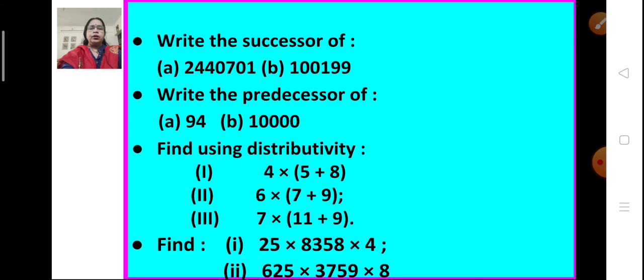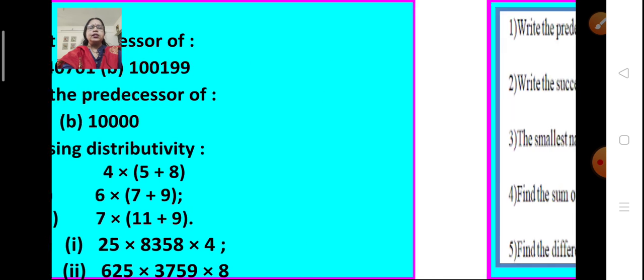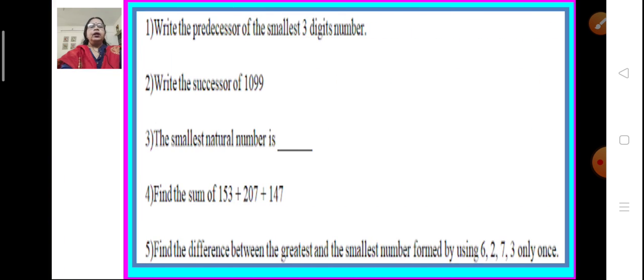Arrange them suitably and find the answer. Next question, 625 multiplied by 3,759 multiplied by 8. So rearrange them so that you get the answer quickly and easily. This we have discussed in this session also.